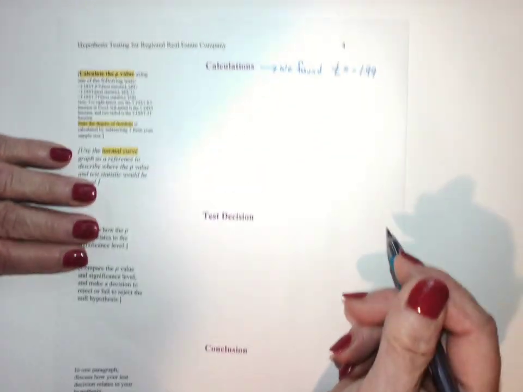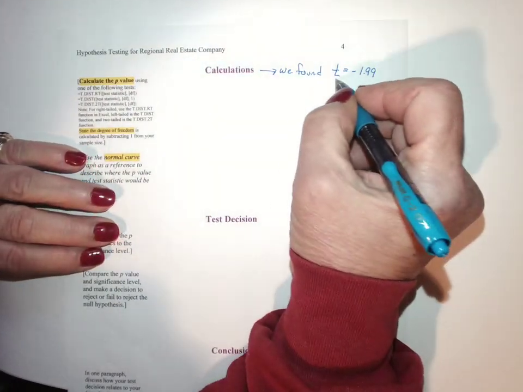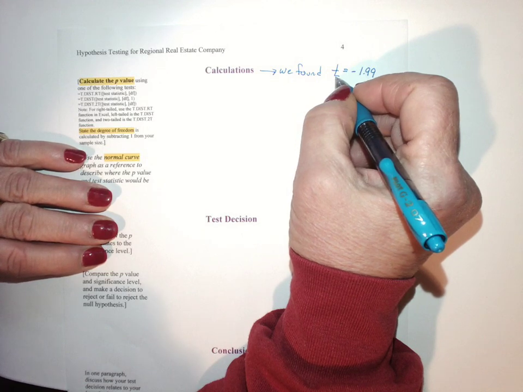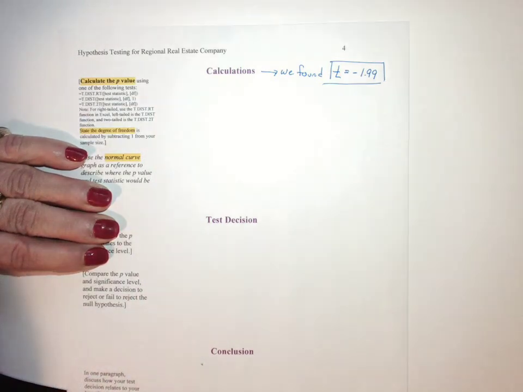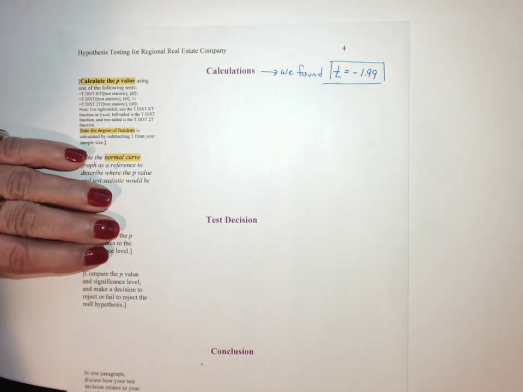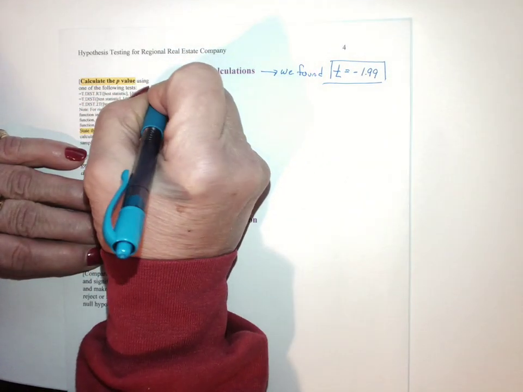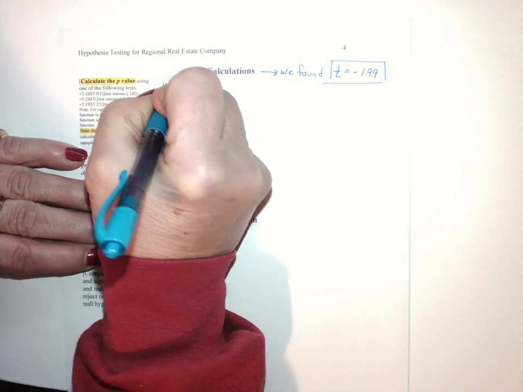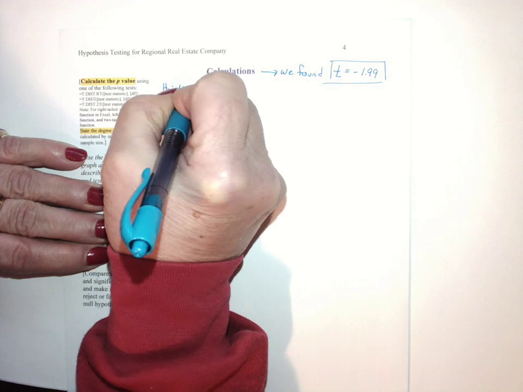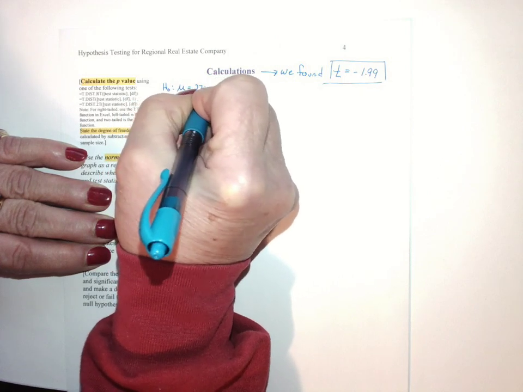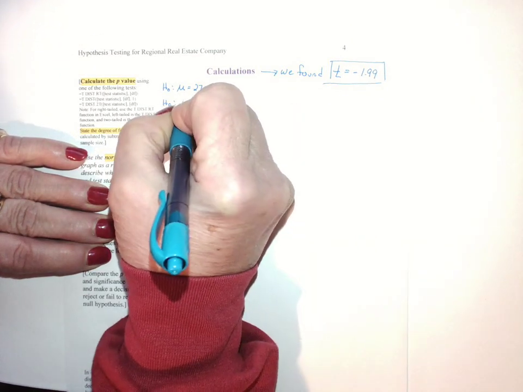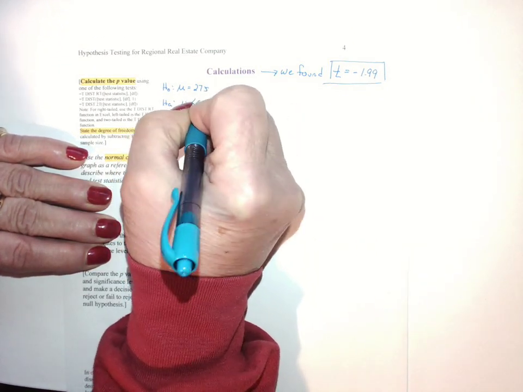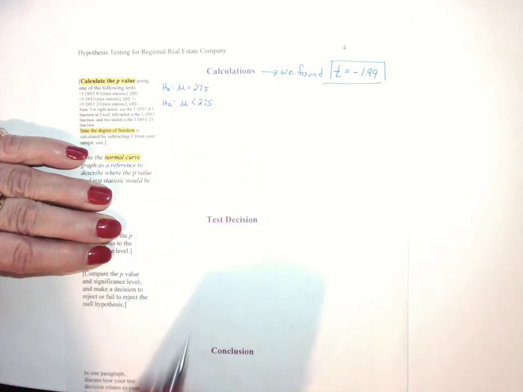So we found that we had our test of hypothesis. We got our t of negative 1.99. And just as a refresher, we had our H naught: mu is equal to 275, and HA, the alternative hypothesis, is mu is less than $275.